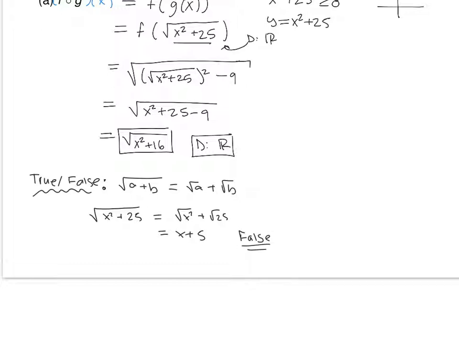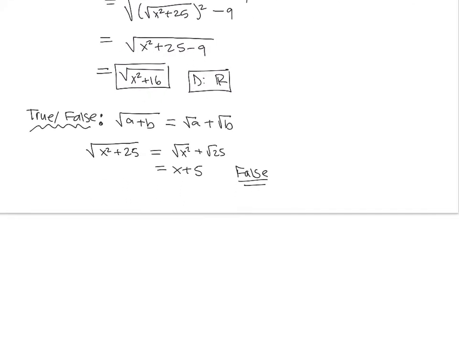And the reason it's false is it doesn't work for every single pair of numbers. And the example that's super nice is, let me see if I can come up with it on the fly. I think it's 16 and 9. You learned in probably algebra 1 that the square root sign kind of acts like a parenthesis, and you're supposed to do the stuff inside of it first before you root. So following that, you get root 25, and that gives you 5, right?